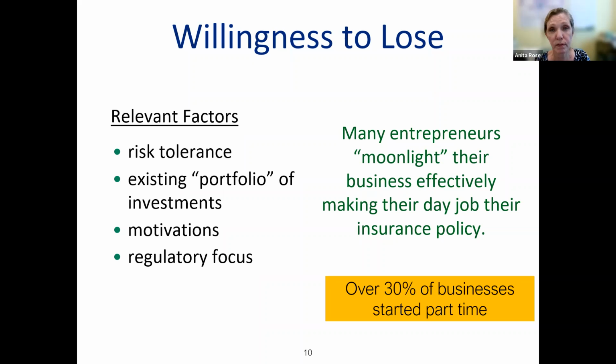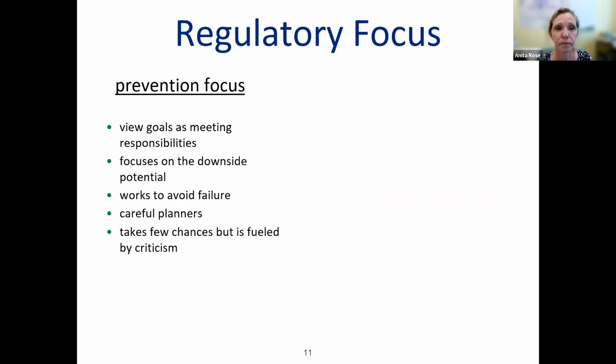So 30% of businesses actually start part-time and build over time, because it's difficult to just say, oh, I'm going to quit my job, I'm going to start this new business and then have income right away. It oftentimes doesn't work out that way. Oftentimes it takes years to become self-sufficient in that business.